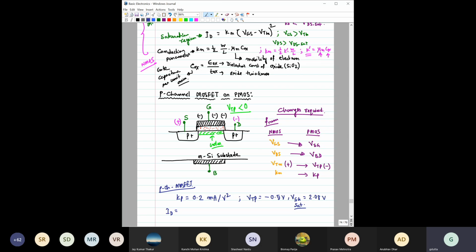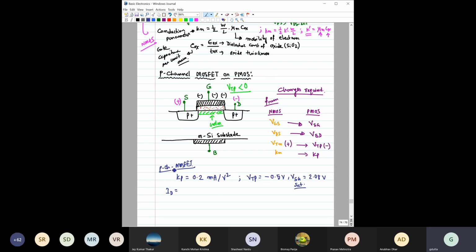So say that for this case. What should be the equation then? Please tell me quickly. Sir, ID equals Kp times VSG plus VTP, whole squared.